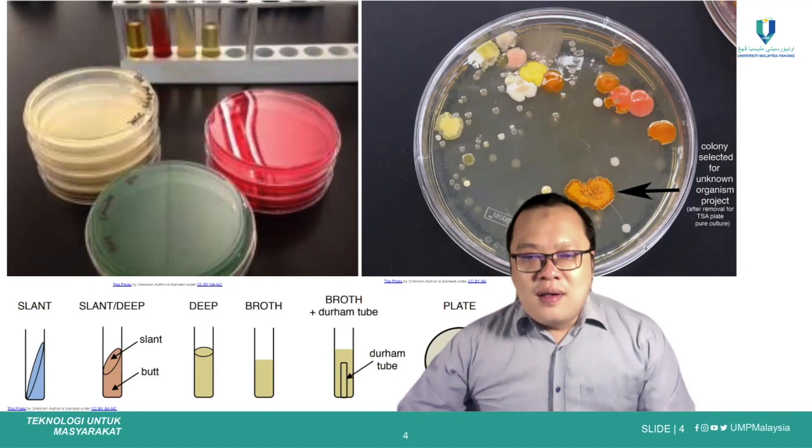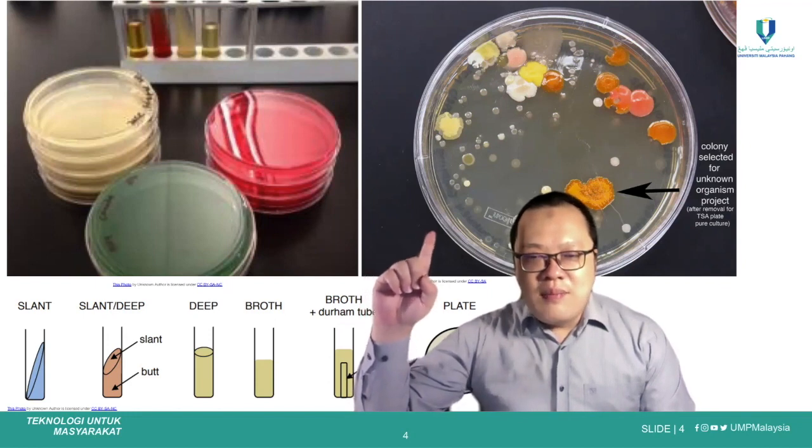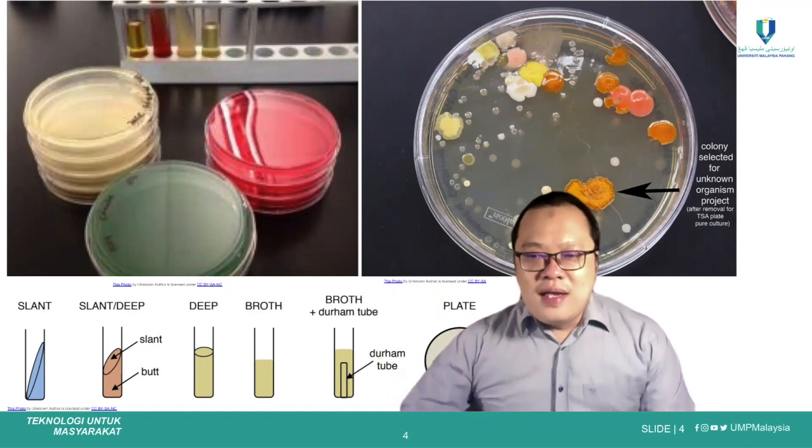Therefore, solidified agar is very important for us to isolate the bacteria or fungi, as you can see from this petri dish. You can see there are a variety of bacteria growing in the agar plate.